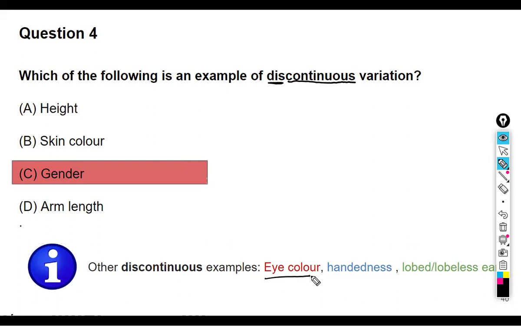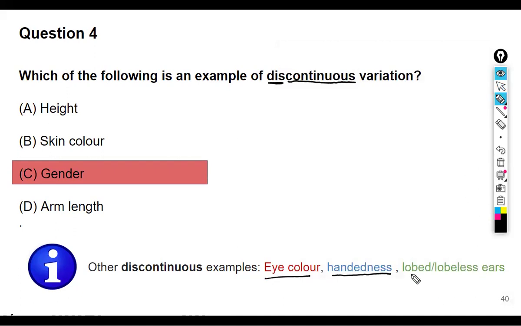It comes in distinct categories. Handedness is either left hand or right hand. I don't know if you all know what a lobe is. This is part of your ears. Some people have lobes on their ears, and some people do not. Distinct categories. Those are discontinuous.